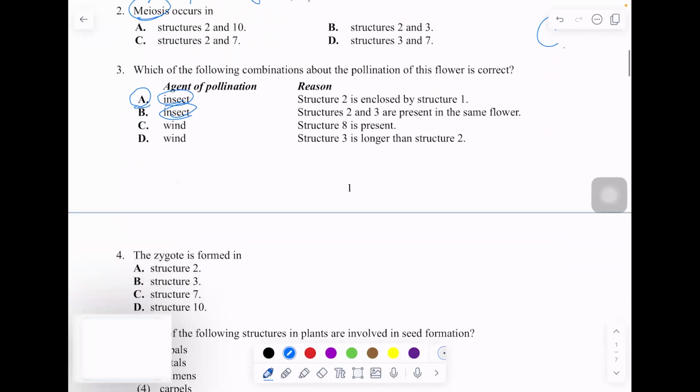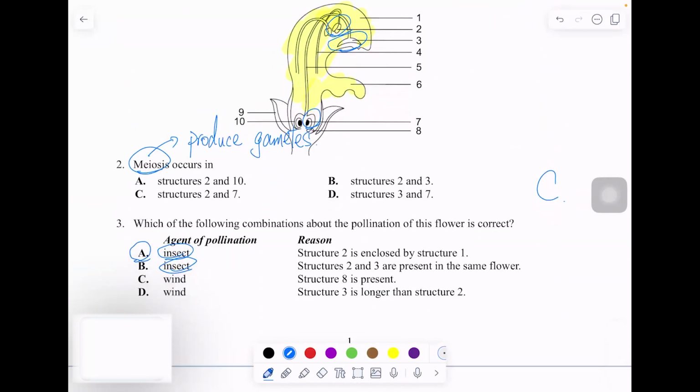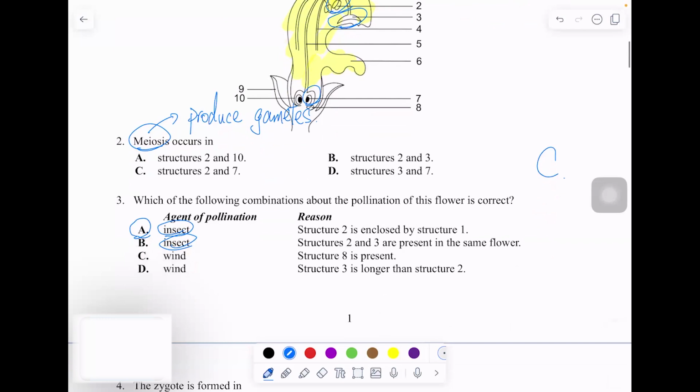So next, the zygote. Where would be the part that the zygote forms? The zygote refers to the fertilization of the male gamete and the female gamete. The part where they mix together is the ovule.